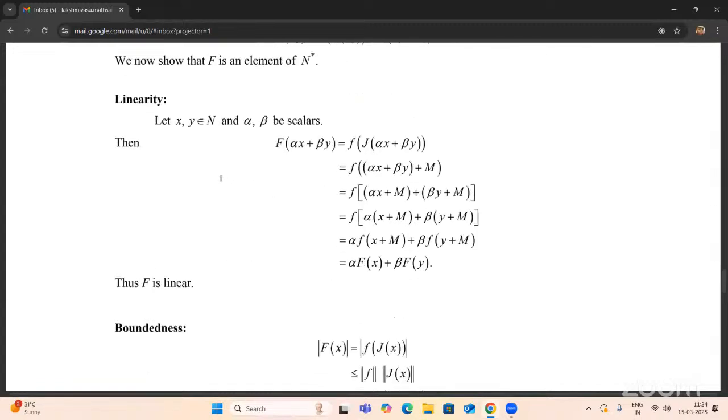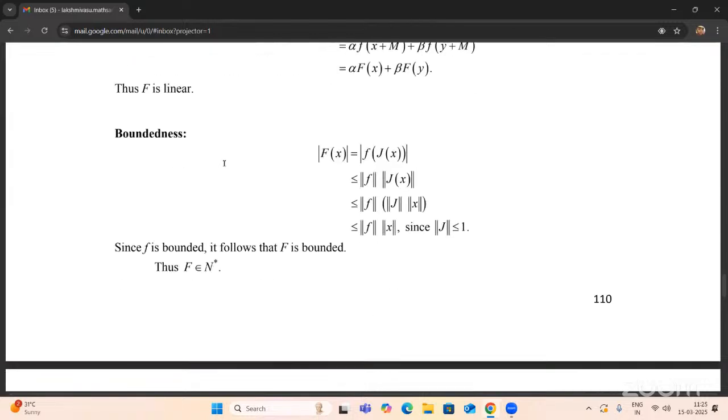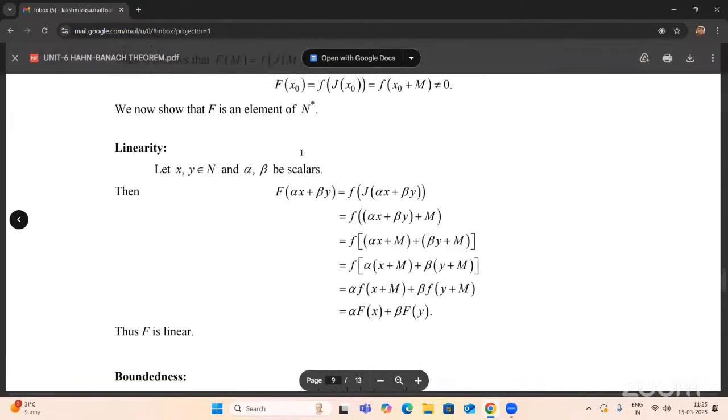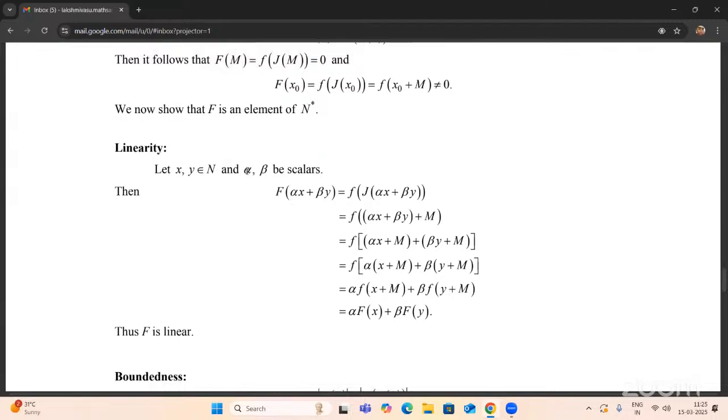Because here we now show that capital F is an element of the dual of the normed linear space. Through the linearity condition, first of all, you must write the linearity and you must express the linearity and boundedness. Linear, we already know: x and y are both elements of the normed linear space, and we are taking alpha and beta as the scalars. Now capital F of alpha x plus beta y equals small f of J of alpha x plus beta y.